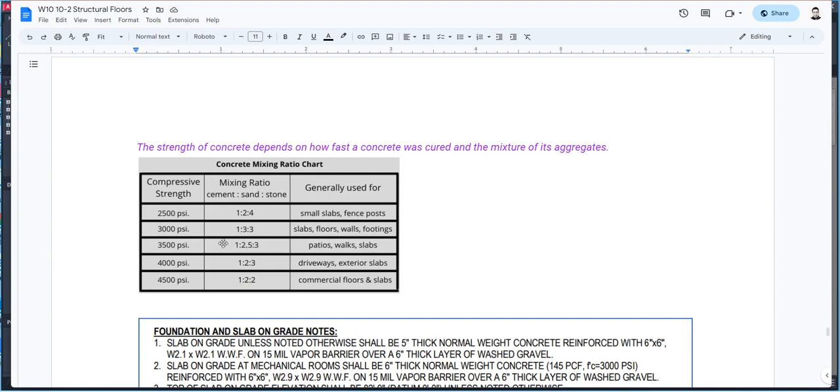Normally 1, 2, 3 or 1, 2, 4 is your normal concrete, okay? But for buildings, they wanted to use either 3000 psi or 3500 psi, okay? So again, the ratio or mixture of the cement to the sand and to the gravel will also contribute to the strength of the concrete.